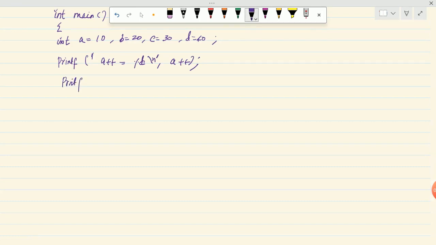printf("%d\n", a); Next is printf("--b = %d\n", b--).